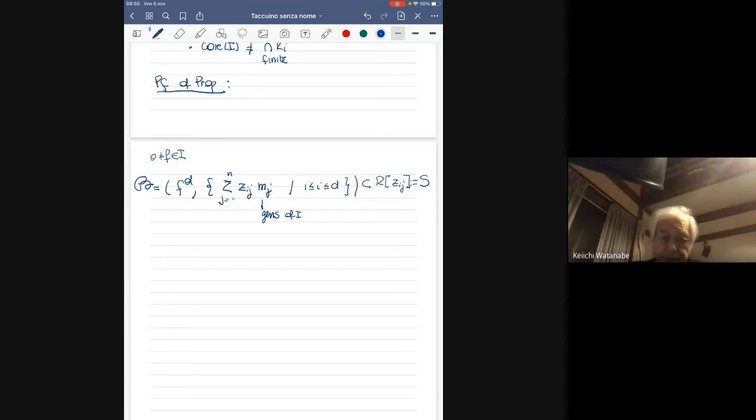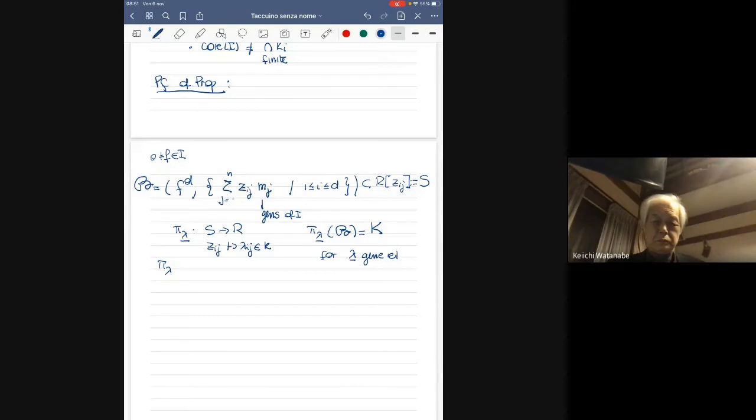And now you can consider the homomorphism pi lambda that sends S to R and sends the Z_ij just to lambda_ij, which are in the field K. And now notice that if you do pi lambda of my B, I exactly get my K for lambda general.